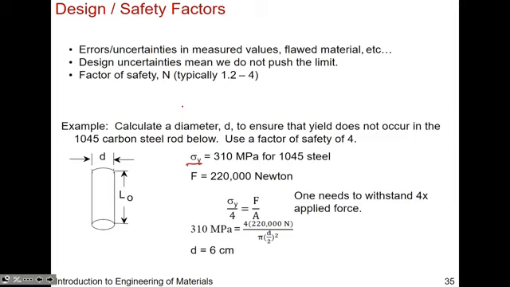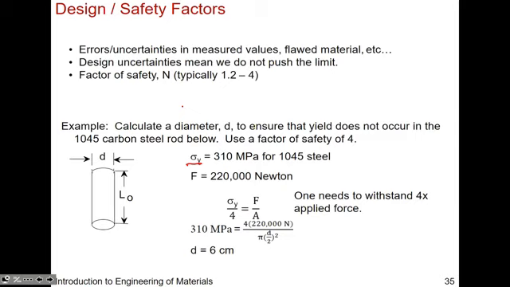If you're designing a chair, your design safety factor is probably going to be much lower than if you're designing things like bungee cords or engine blades. So there's a variation in the factor of safety, and for that reason.